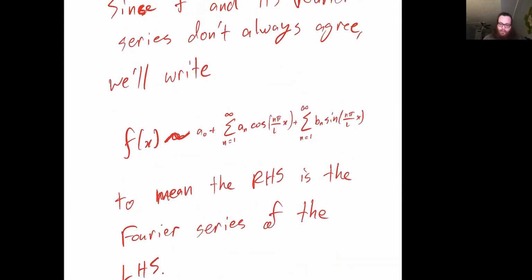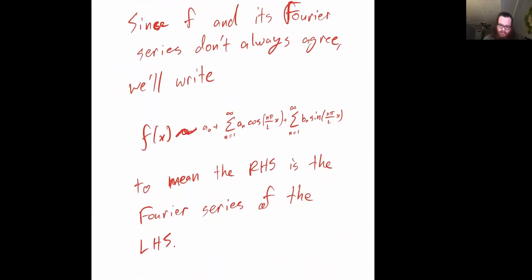And so what we'll do is we'll write f of x tilde, the series, to mean exactly that this object right here is the Fourier series for this function f, where a0, an, and bn you can compute as before.